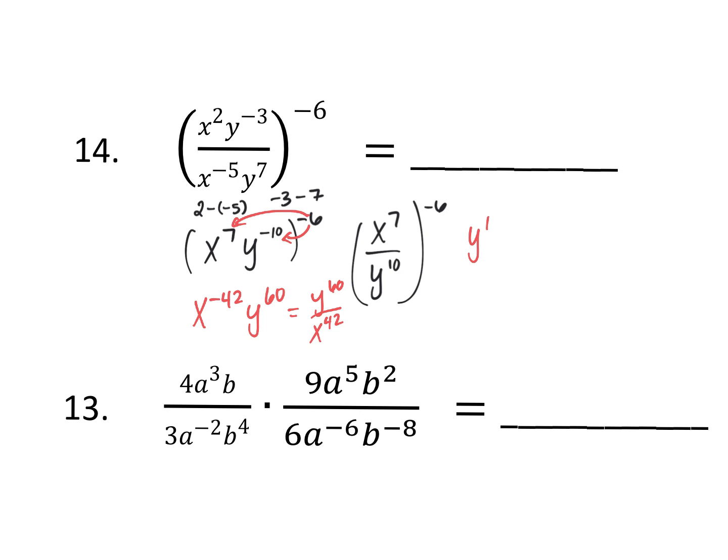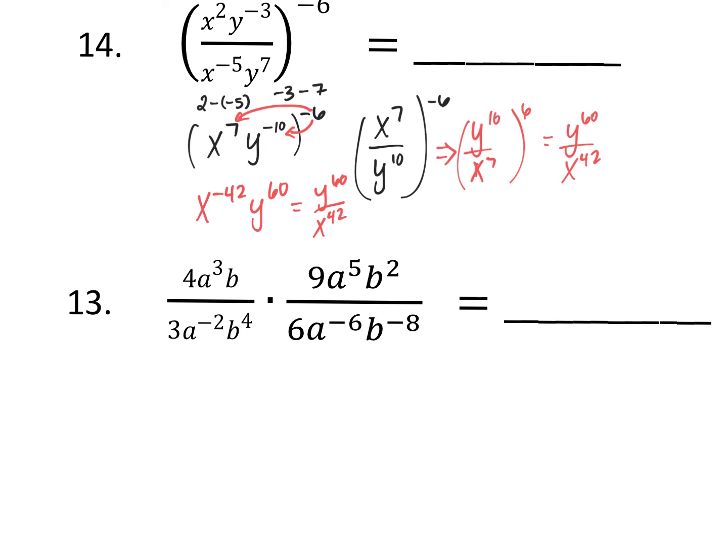So it's y to the 10th over x to the 7th, and then x to the 7th to the 6th. I already took care of the negative by flipping it. And then y to the 60th over x to the 42nd. I get the same answer. It's going to be up to you to decide which way makes more sense to you. Okay?